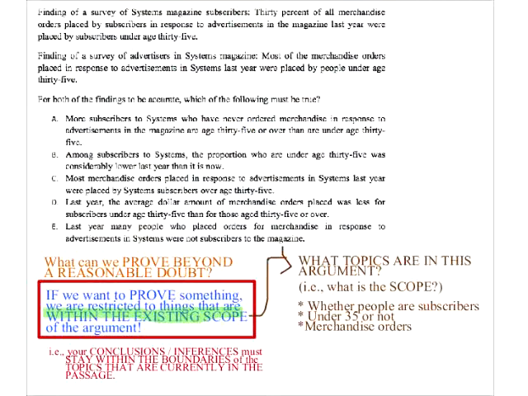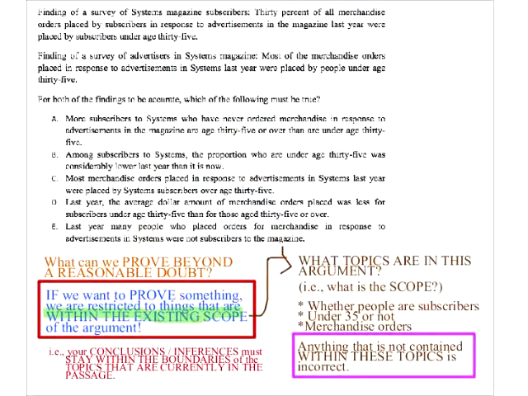So anything that is not contained within these topics is incorrect, because it's just a guess. If you are not staying inside the scope of the passage on this question type, then it's wrong.